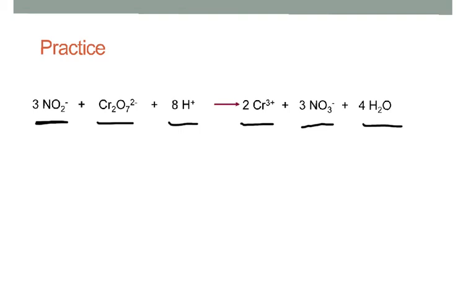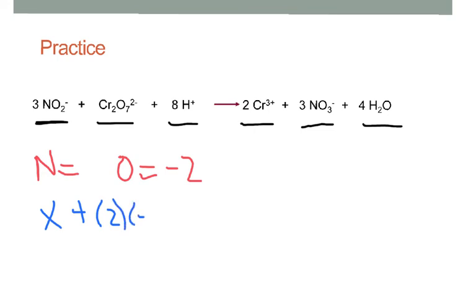So let's look at NO2. We know oxygen has to have a -2 oxidation number. We don't know what the oxidation number of nitrogen is, but we can find it out doing a simple algebraic expression. So X for nitrogen, the oxidation state we're solving for, plus there are 2 oxygens.